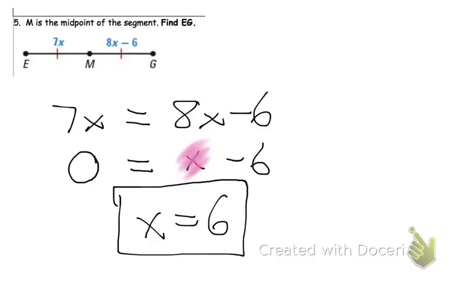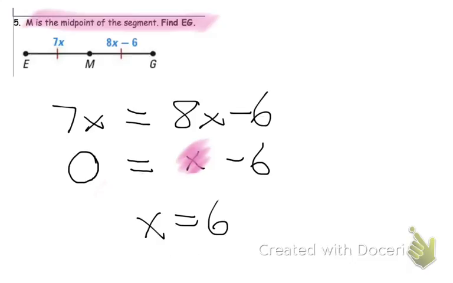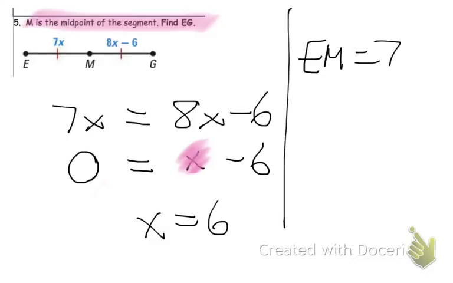So it looks like that's my answer for this. And then I look back up here to see if I did the problem right, and I realize it says to find EG. So this isn't my final answer, so I'll erase that box. That's wrong. It's supposed to be EG. I'm trying to find from E to G. So first I'll find out how far it is from E to M. And it looks like from E to M is 7x.